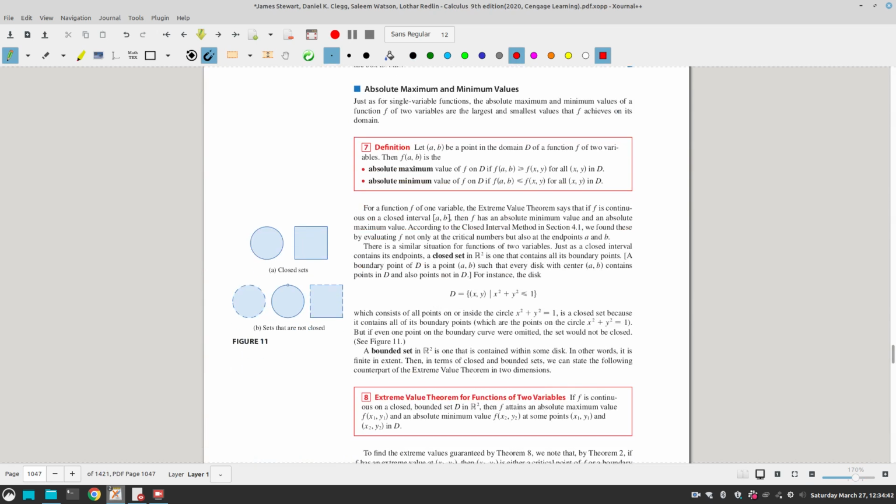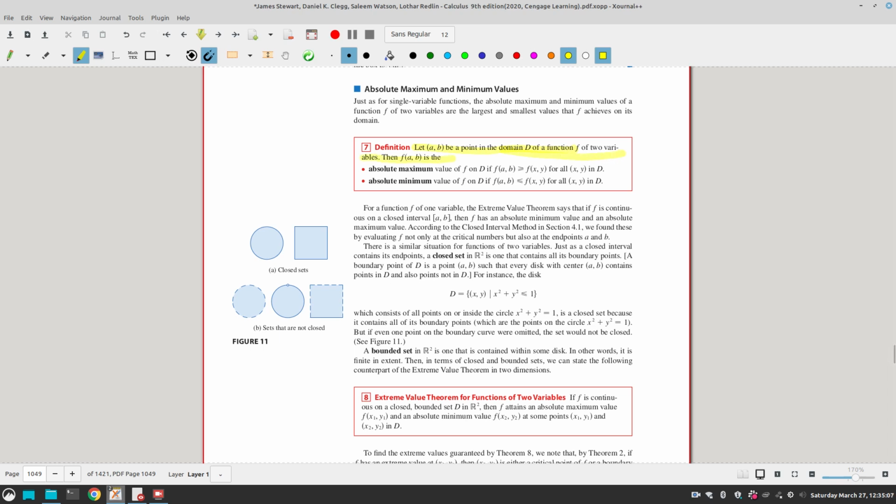Just as with single variable functions, you can have absolute maxima and minima for multivariable functions. So you have a point ab in the domain of a function f of two variables.